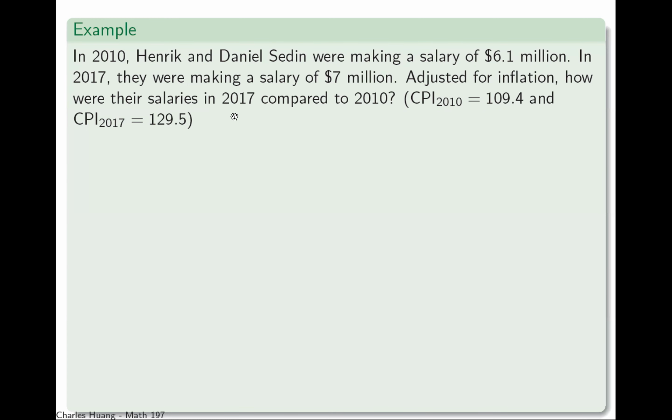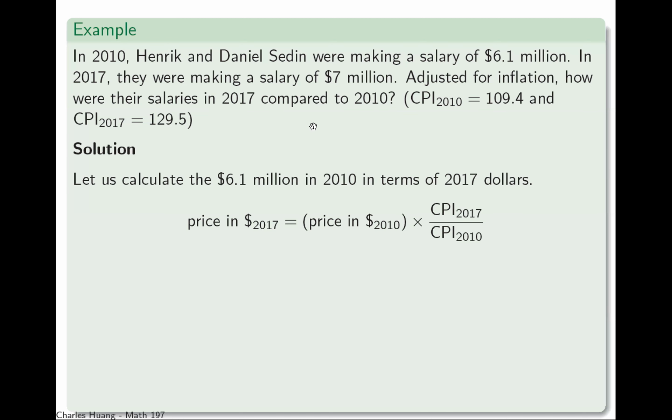Because we know everything will be costing more in 2017. So what we can do is convert the salary of 6.1 million and change that to the year 2017 to see how much it is in terms of 2017 dollars. So remember the 6.1 million is from 2010.